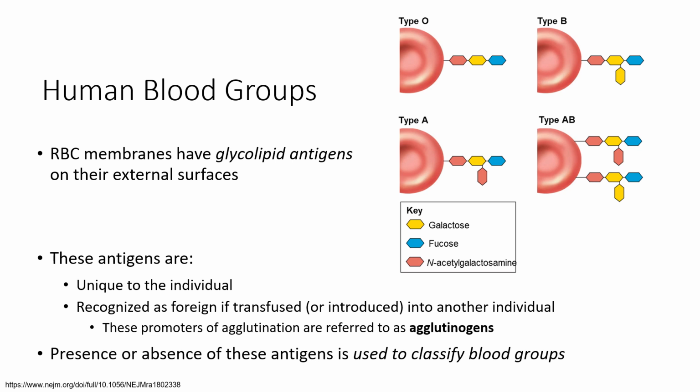So on everyone's red blood cells, we have glycolipids that are capable of having antibodies formed against them. These different antigens are unique to an individual, and they will be recognized as being foreign if they're transfused or introduced into another individual.